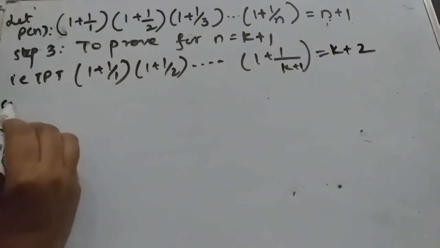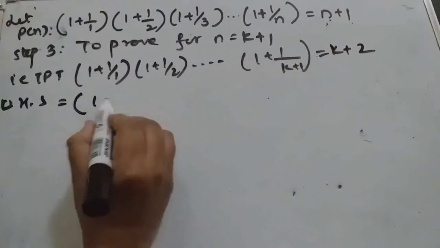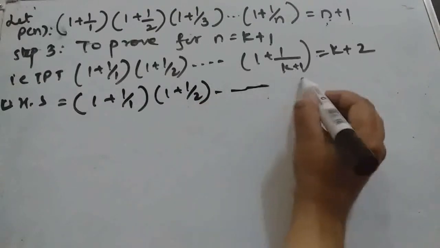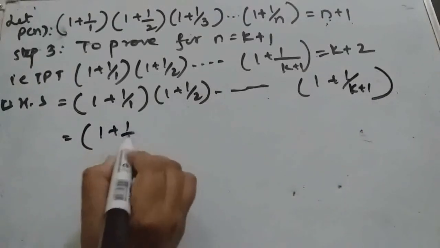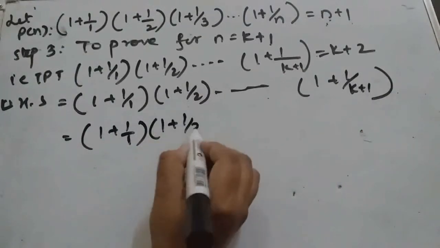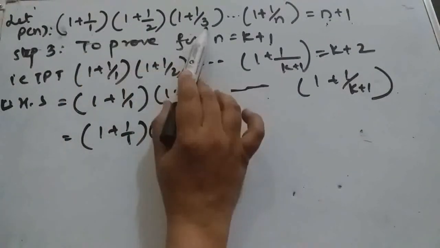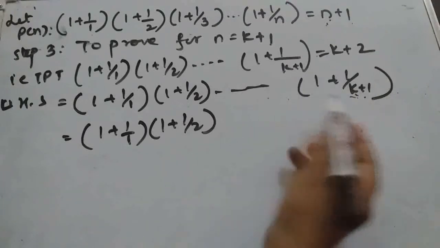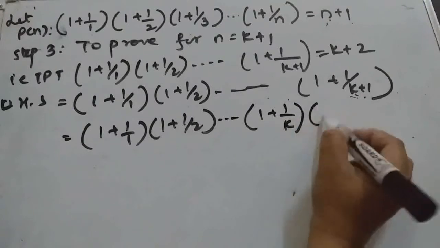So consider the left hand side of this expression: 1 plus 1 by 1, 1 plus 1 by 2, up to 1 plus 1 by (k plus 1). So what will the previous term be? In the denominator, the difference is 1, isn't it? So to find the previous term, subtract 1 from the denominator, you will get 1 by k, and then the last term.